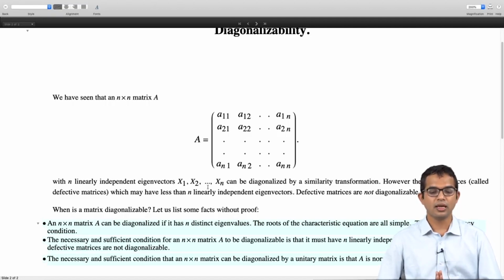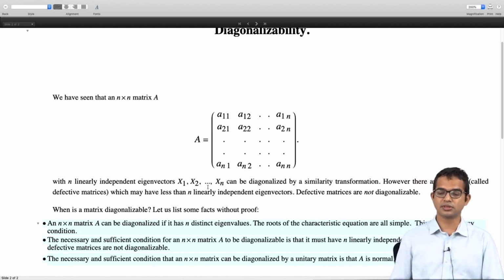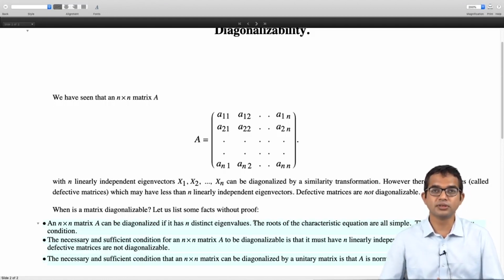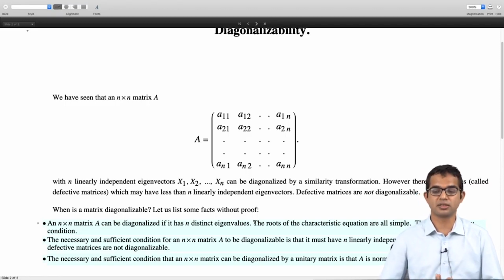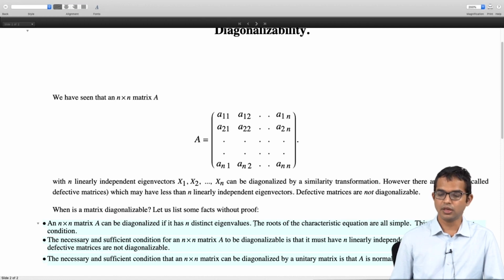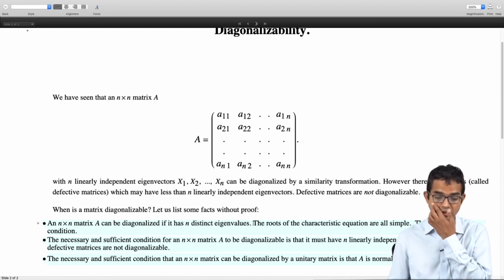So any matrix which has all eigenvalues distinct is for sure going to be diagonalizable, right? So this is a sufficiency condition. The roots of the characteristic equation in this case are all simple roots, so there will be no repeated roots, right? That's what this is.